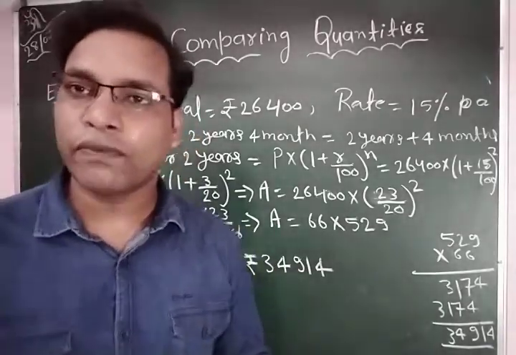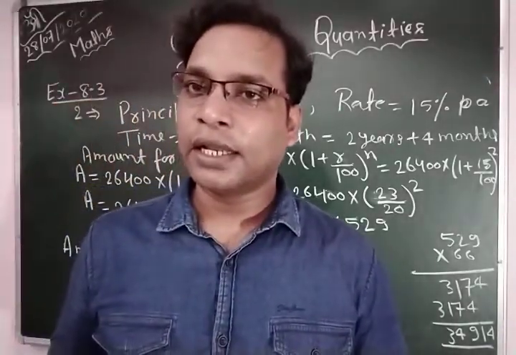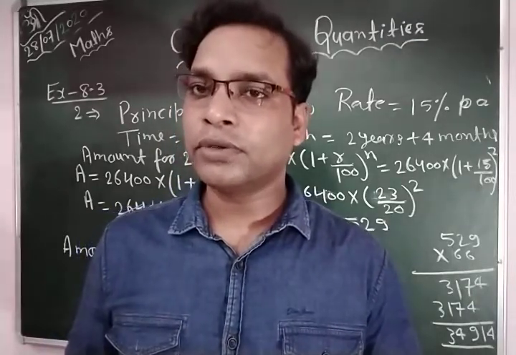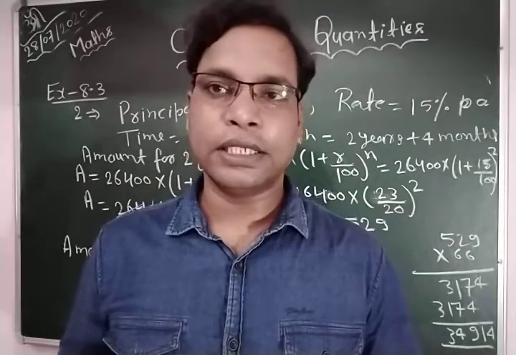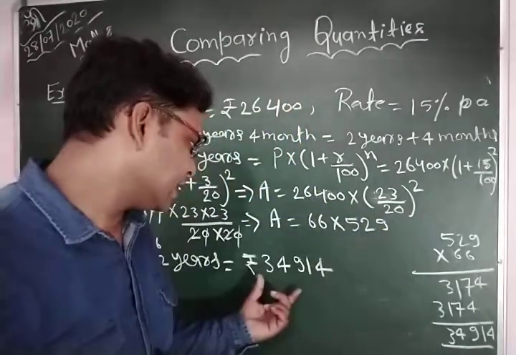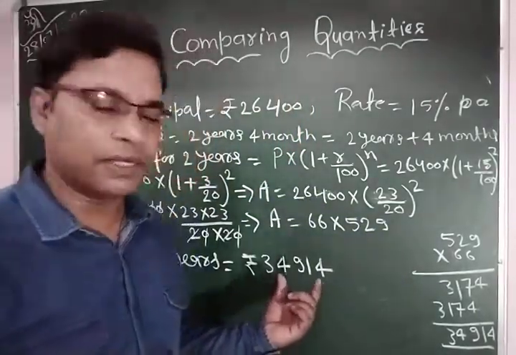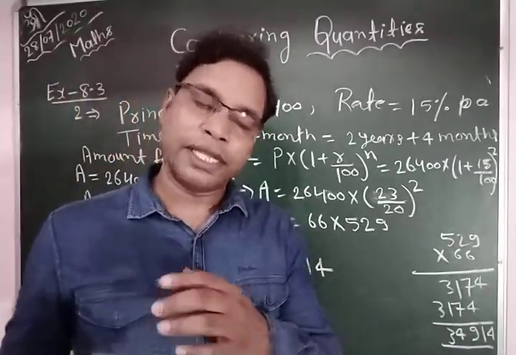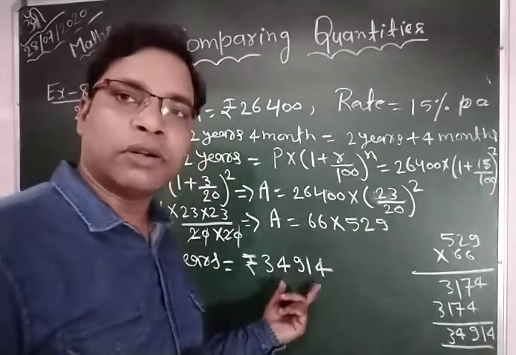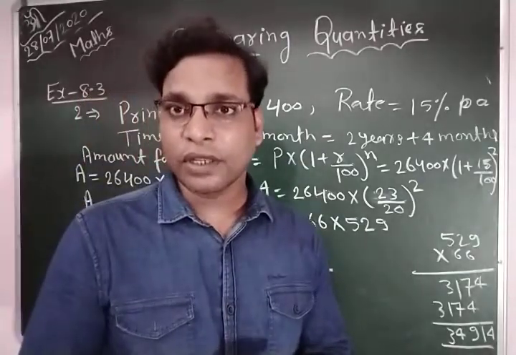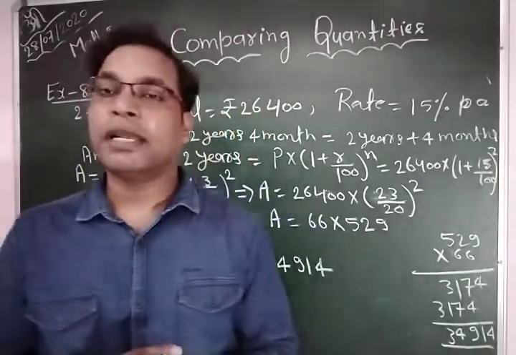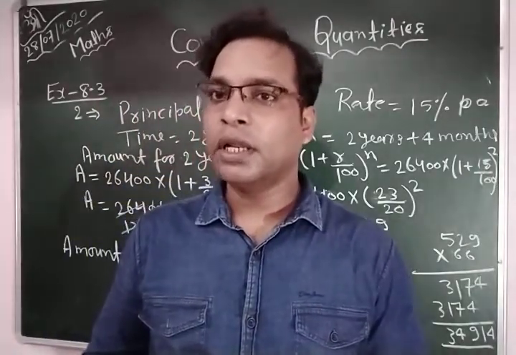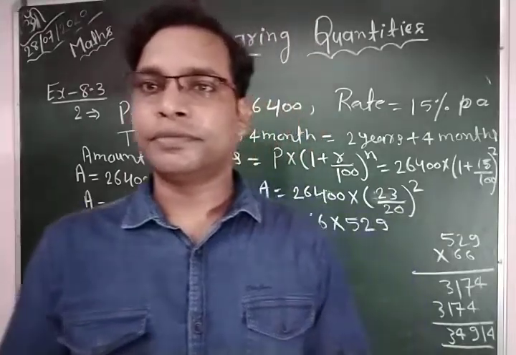And now you find the interest for 4 months. 4 months is equal to 4 by 12 years. So we take this amount as the principal, and then we find the simple interest. After this, we add the simple interest to this amount. Then we find the total amount Kamla pays after 2 years 4 months to complete the loan.